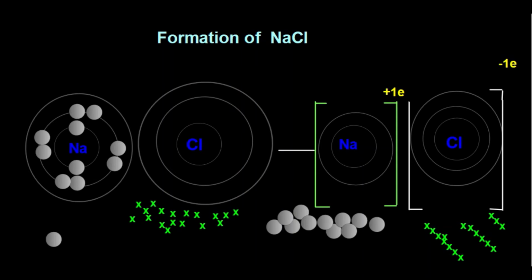And in the M shell, which is the valence shell of sodium, there is just 1 electron. Electrons of sodium are represented with the help of dots. Electrons of chlorine are represented with the help of crosses.